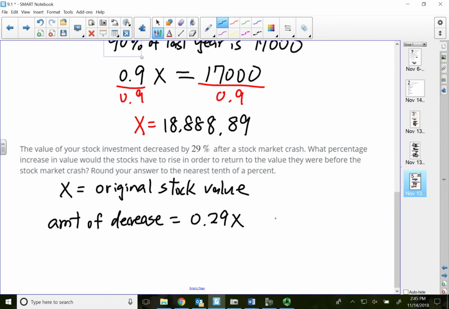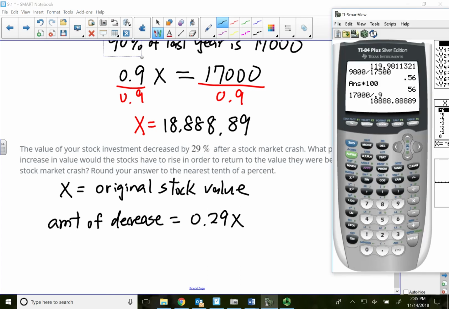For example, if my original stock value is $1,000 and I lost 29% of the value, that means I lost $290. That's what this X represents. X can be any number. So the amount of decrease is the percent of decrease times the original stock value.